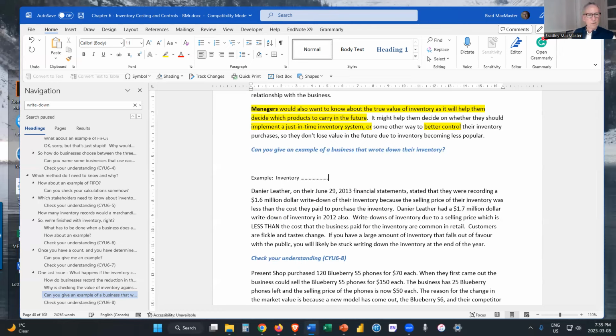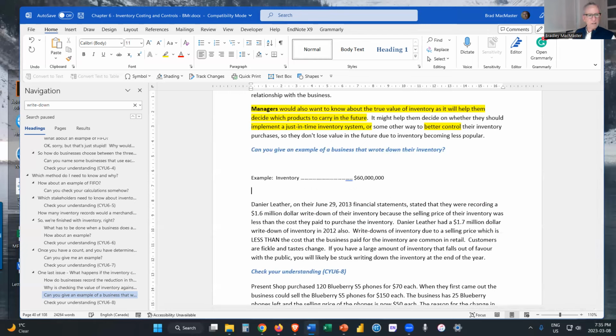It would say for 2013, maybe the inventory was, let's say, $60 million. So before they make an adjustment, that is the cost amount. And according to the information that we have in the textbook, they recorded a $1.6 million write-down.